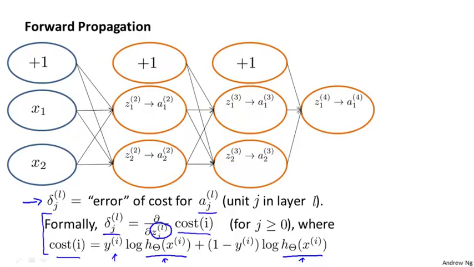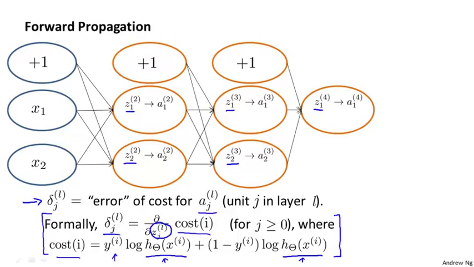And so they're a measure of how much we would like to change the neural network's weights in order to affect these intermediate values of the computation, so as to affect the final output of the neural network h of x, and therefore affect the overall cost. In case this last part of the partial derivative intuition didn't make sense, don't worry about it. The rest of this we can do without really talking about partial derivatives.